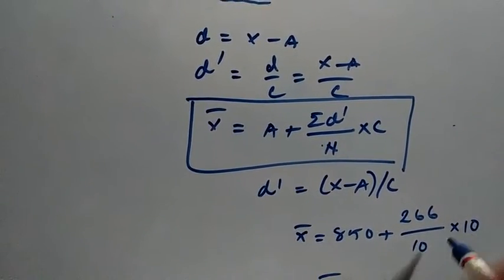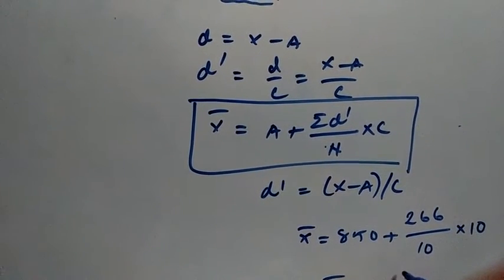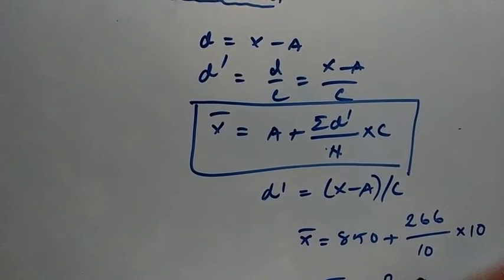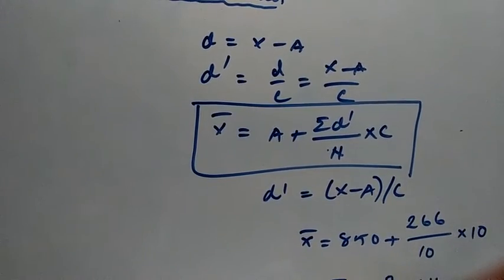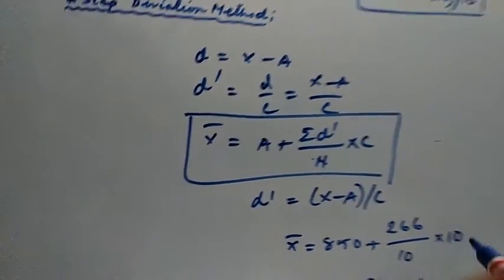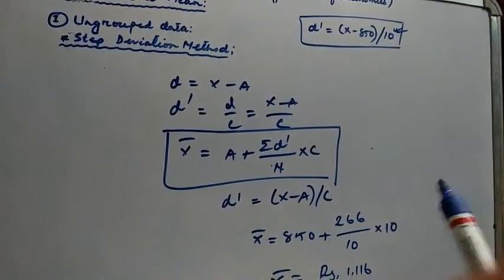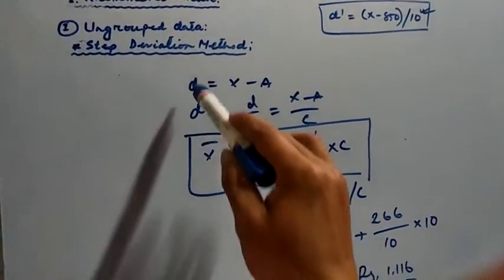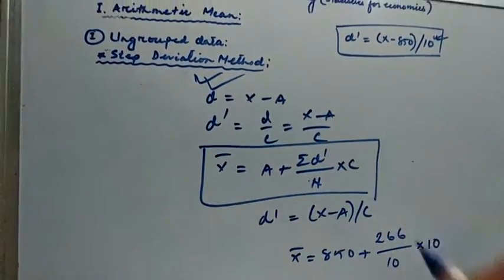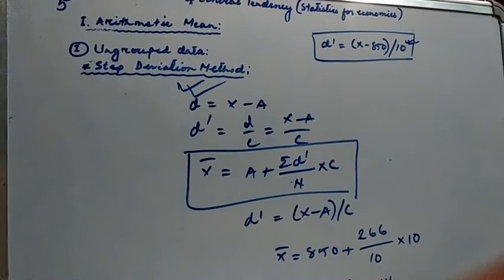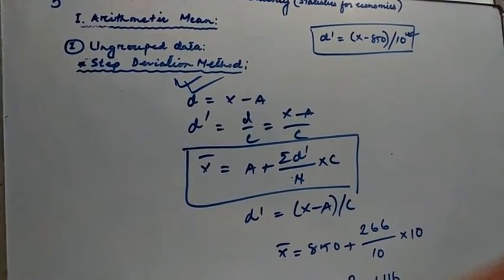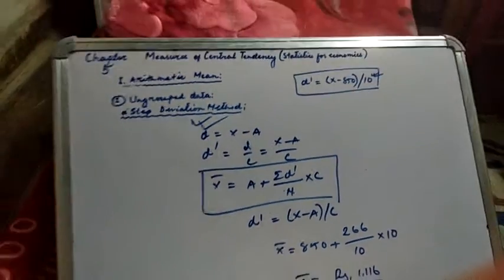By calculating this, we get the same value as with the assumed mean method. So same answer but different formula. This is the simpler method to calculate ungrouped data.